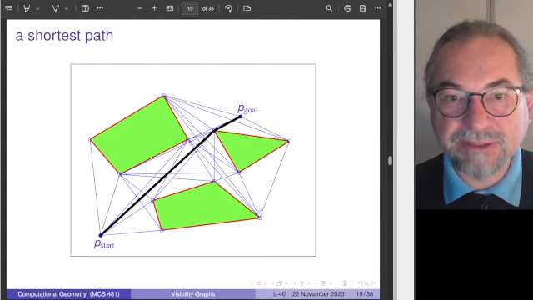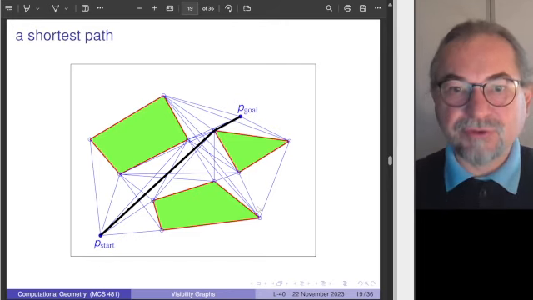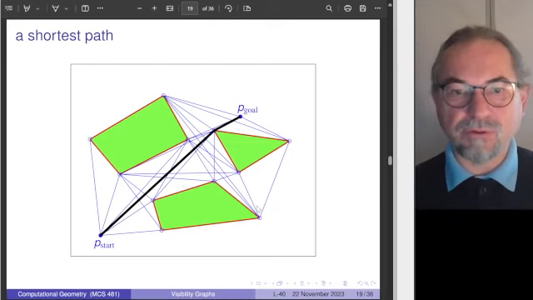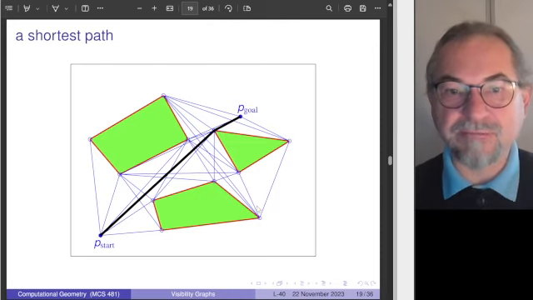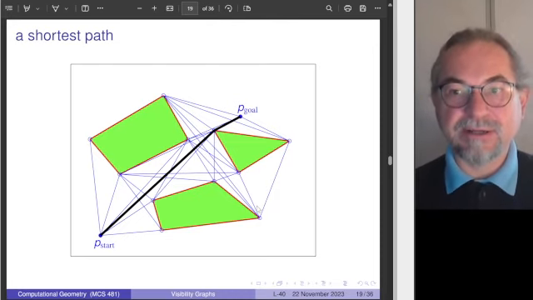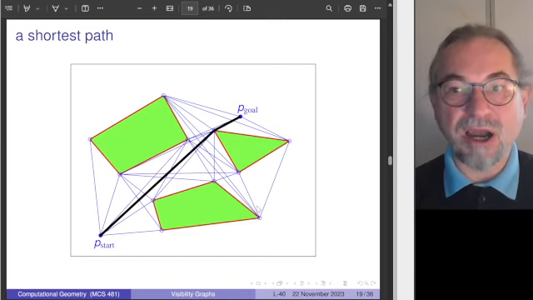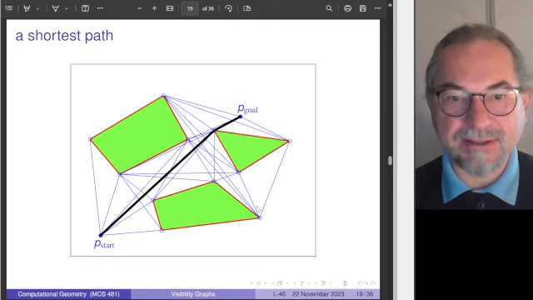So this is the picture we started with. So the blue lines define the search space. So of all the possible routes that we can take, there is at least one, there could be multiple, there is at least a shortest path. So here indicated in black, in the thick black lines.